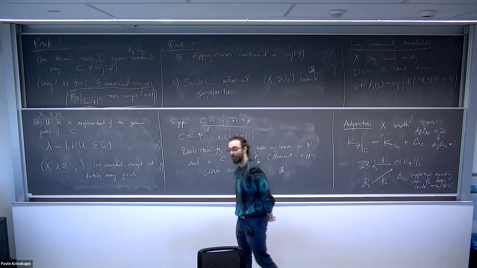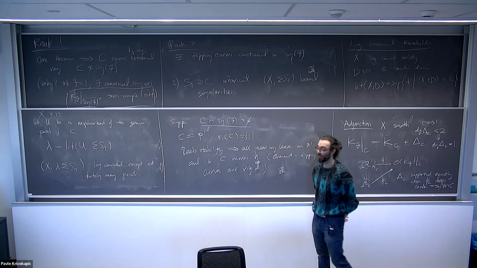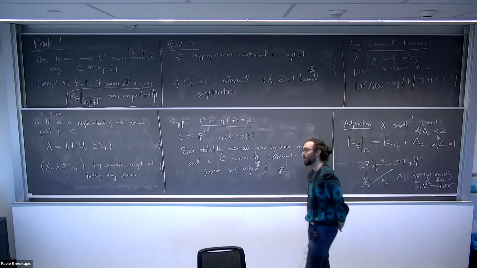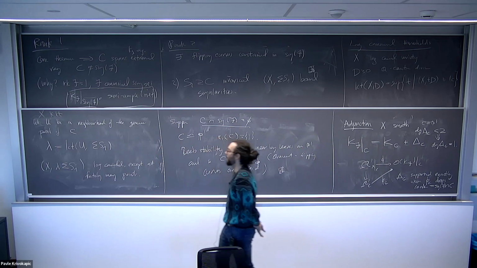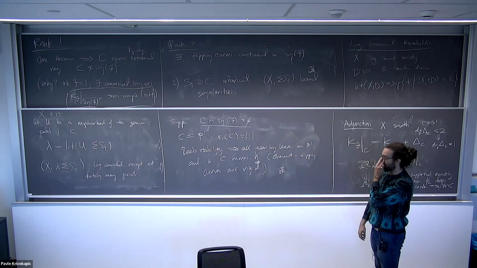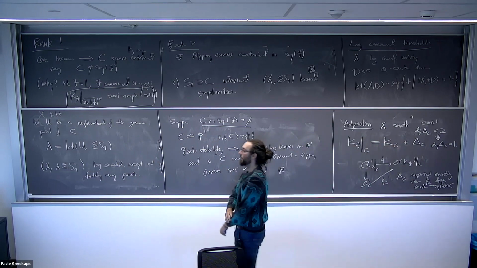So if you start off with a variety with quotient singularities and you run the rank 1 foliated MMP, you preserve quotient singularities. So KLT gets preserved. This is something that I maybe won't have time to explain, but it falls out of a lot of the stuff, and the singularities of the underlying variety are preserved as well.